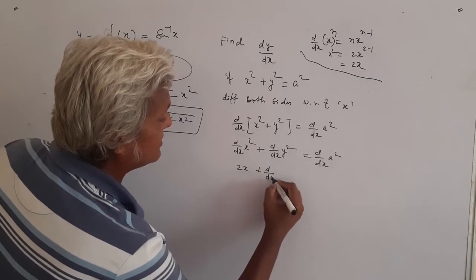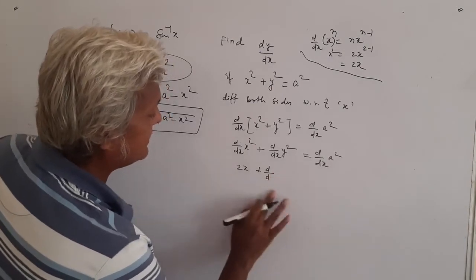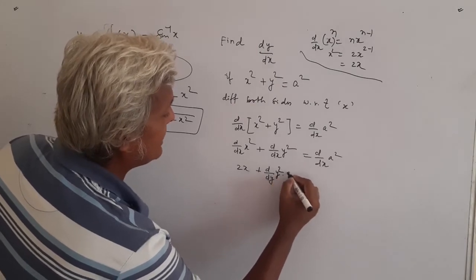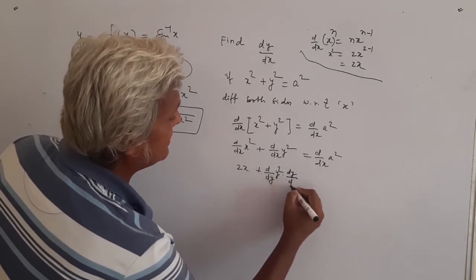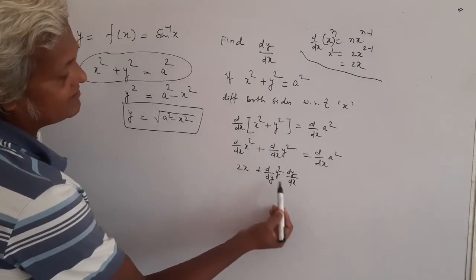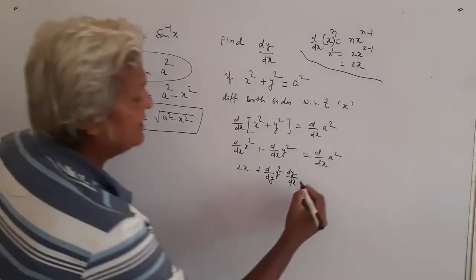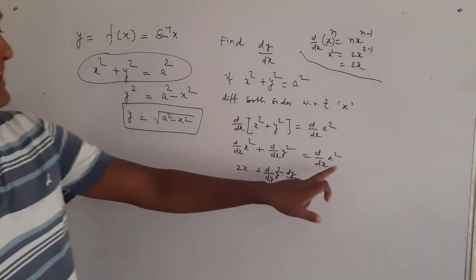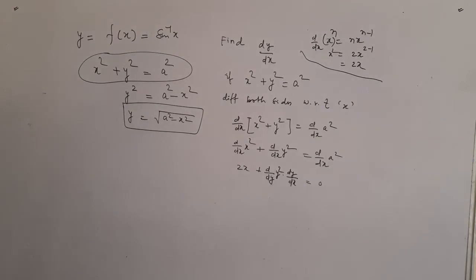using the chain rule method. So you just write d by dy of y square and then you attach dy by dx. See, dy cancels each other, we have just d by dx of y square, and differentiation of a constant is 0 because a square is not a variable, it's a constant.